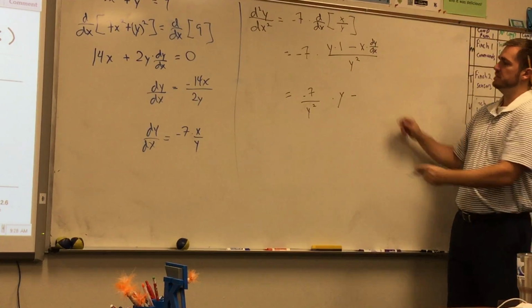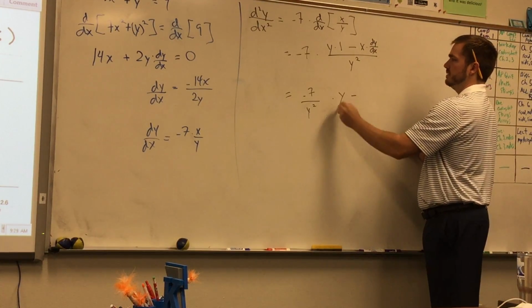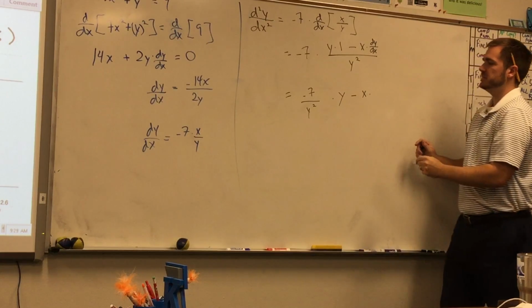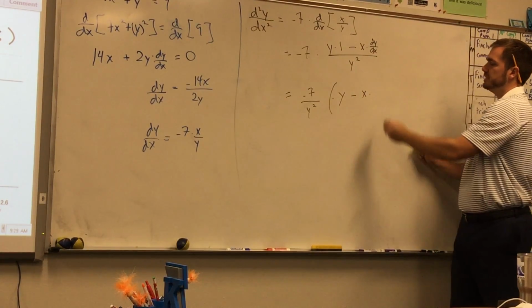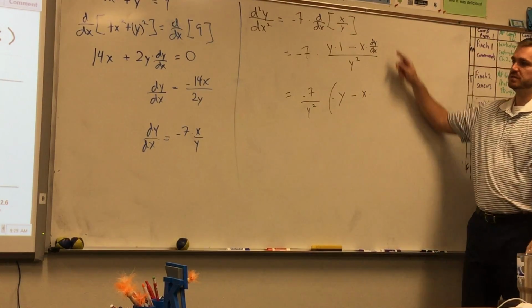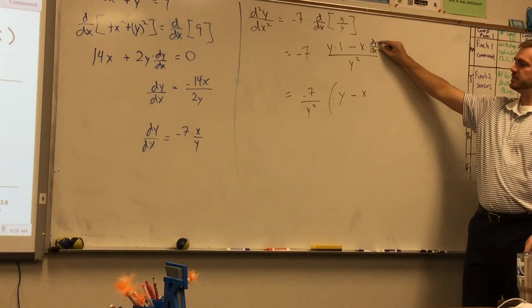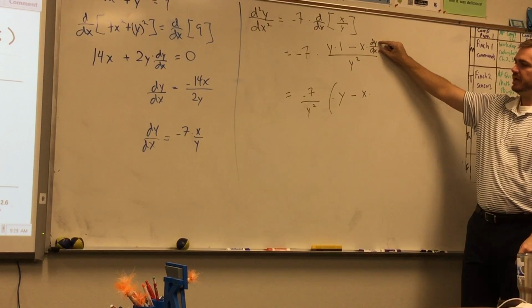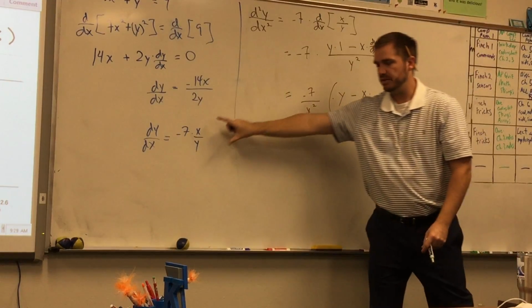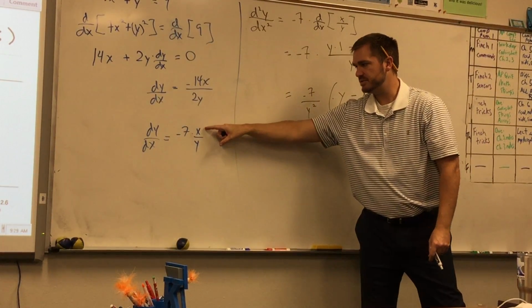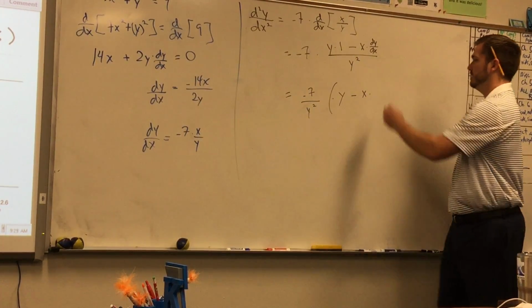Minus x times dy over dx. Now, dy over dx, I know what that is. That's this guy right over here. It's -7 times x over y.